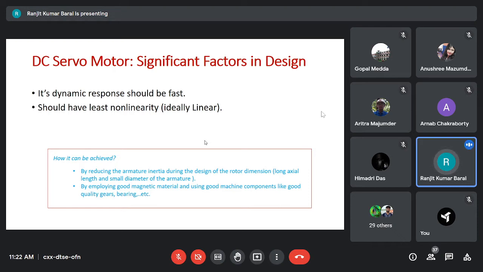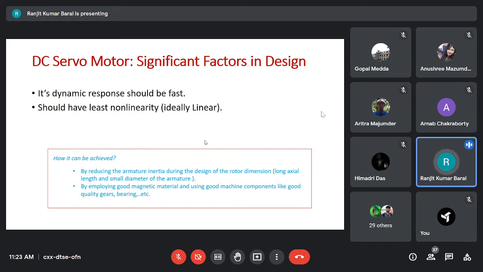Now, from another point of view, the mechanical design of a rotating machine, mechanical engineering design says that the mechanical power output is directly proportional to the square of the diameter and proportional to the axial length of the rotating member.